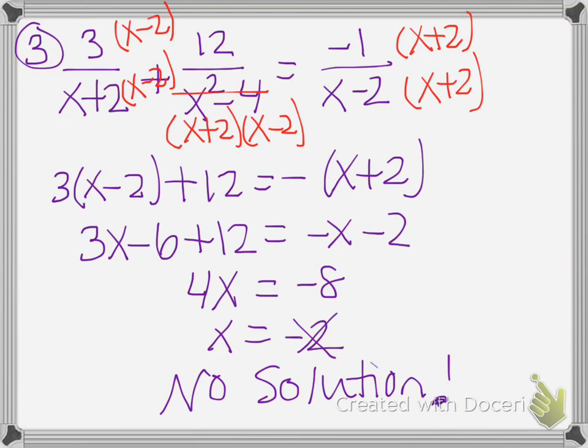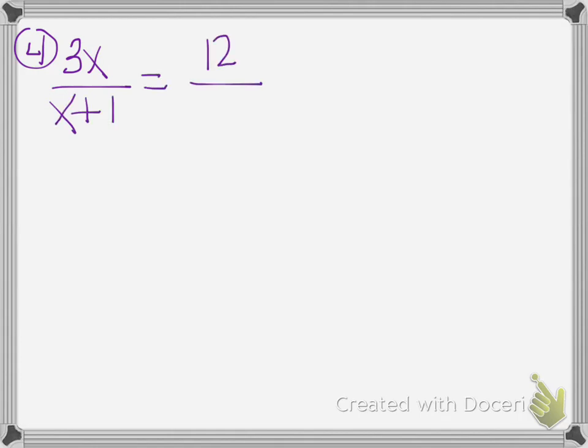Let's move on. And I'm going to give you guys a couple to try, and then we'll go over the answers. So these will be our you-dos, and we'll go 4, 3x over x plus 1 equals 12 over x squared minus 1 plus 2.